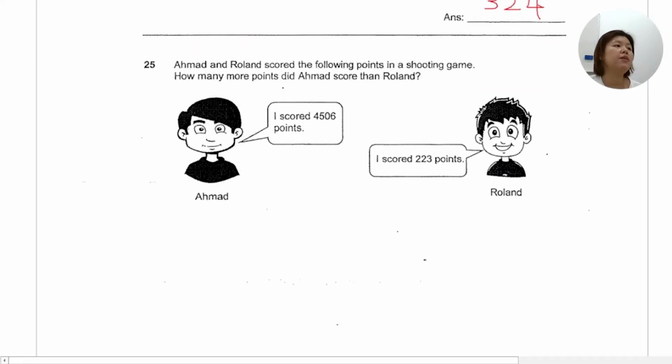Next, Ahmad and Roland score the following points in the shooting game. How many more points did Ahmad score than Roland? Wow, Ahmad scored 4,506, but Roland only 223. So since Ahmad is bigger, we're going to find how much more, and we'll find the difference.